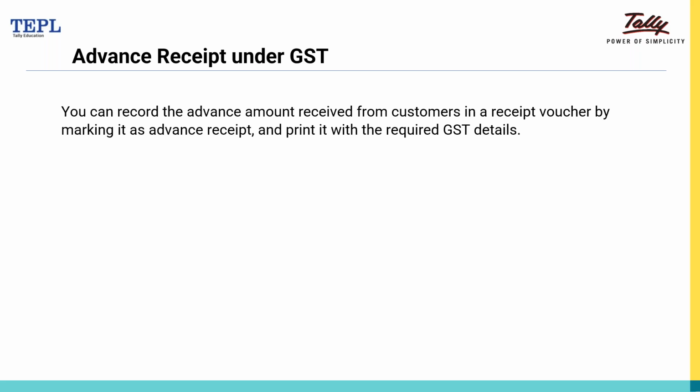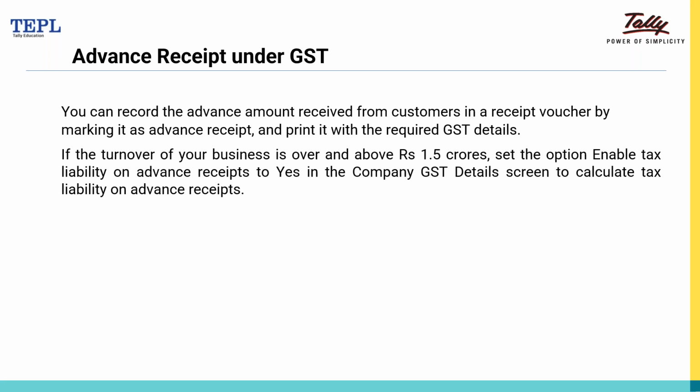But there is some clause. What are the clauses? If the turnover of your business is over and above 1.5 crore, set the option enable tax liability on advance receipt to yes in the company GST detail screen to calculate tax liability on advance receipt. If your turnover is greater than 1.5 crore, then you need to enable your GST advance transaction details.